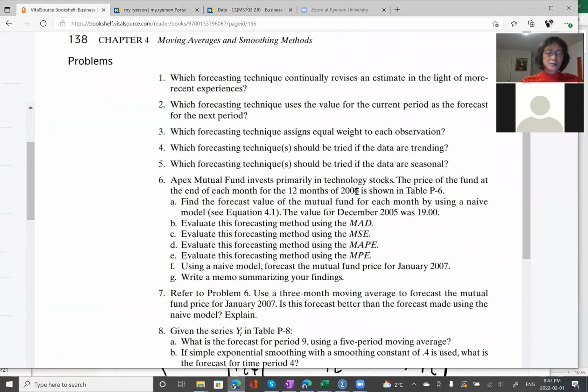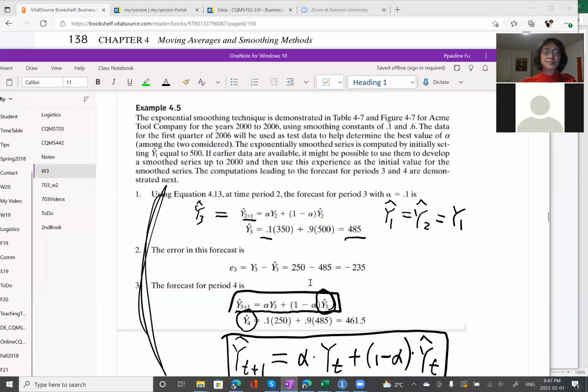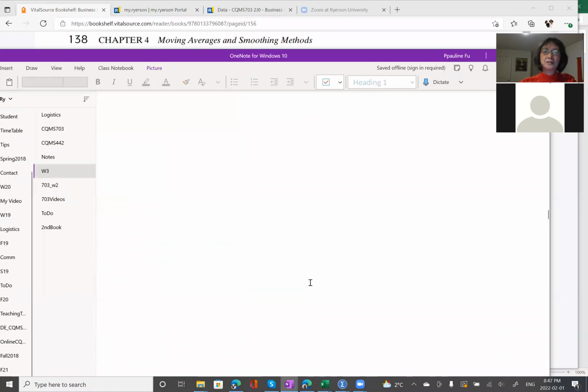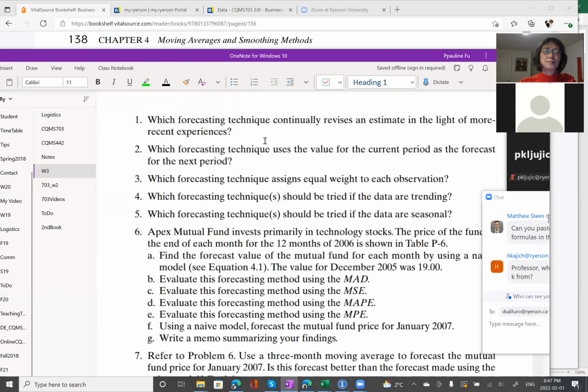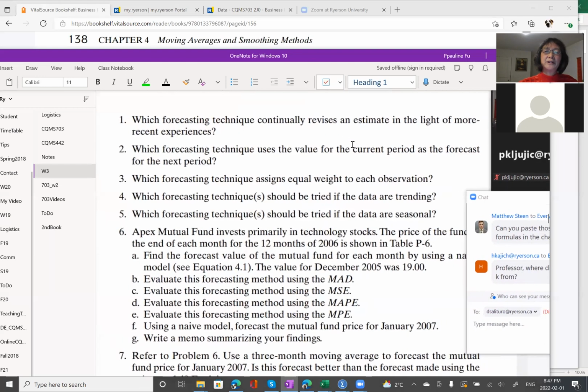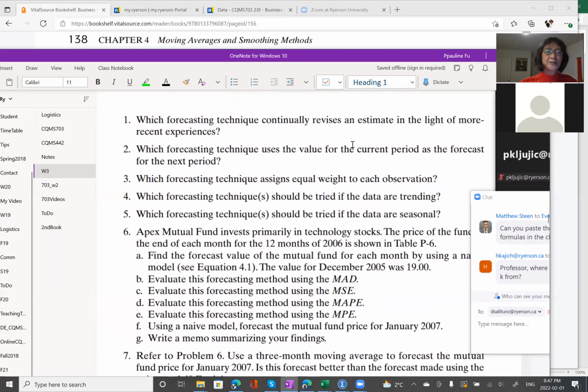Question 1, I'm going to copy this so that we can make annotation. Here.